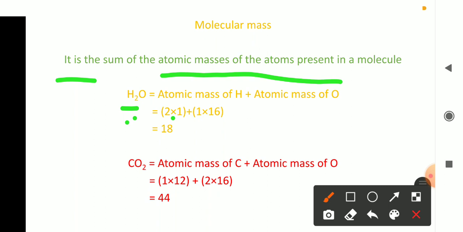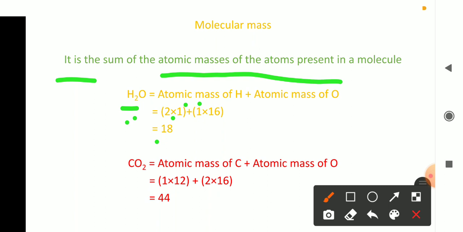So 2 into 1 plus, how many oxygens are there? Only 1 oxygen. What is the mass of oxygen atom? It is 16. So 1 into 16. 2 into 1 plus 1 into 16 is equal to 18 U. So this is the way of calculating the molecular mass of a molecule. For H2O, what is the mass? 18 is the molecular mass of water molecule.